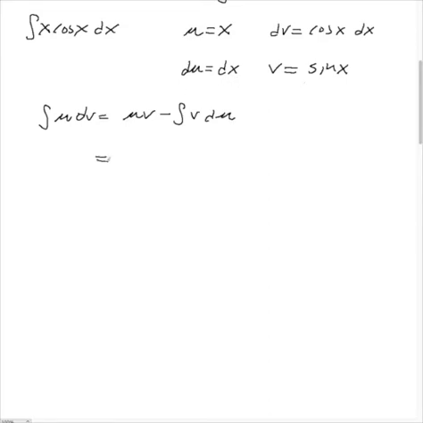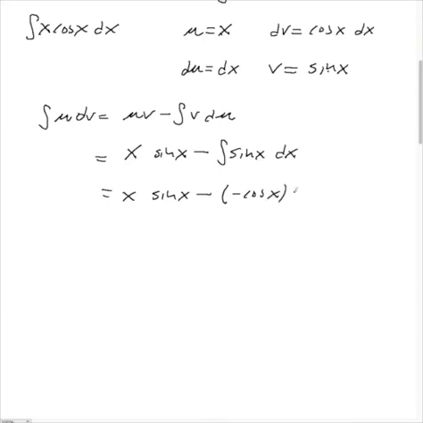Watch. Equals uv, so this times this, x sine x, minus the integral of v du. So it's going to be sine x dx. And now what I have is x sine x is done, minus, I think it's fairly easy for us to know if I'm taking the antiderivative of sine of x, that means I must have had negative cosine x.